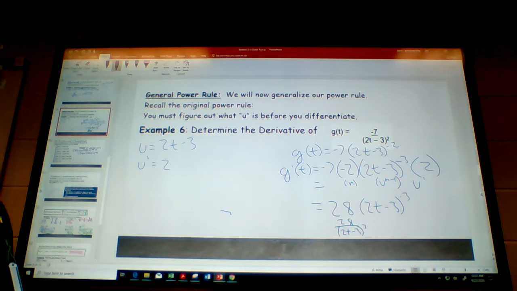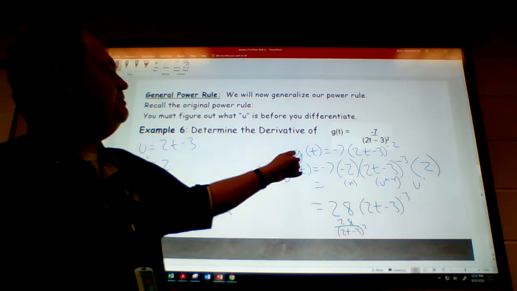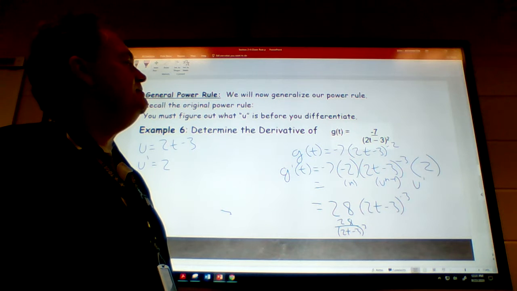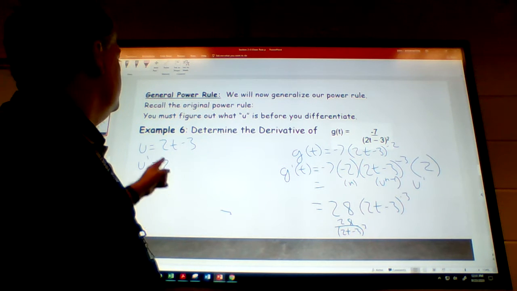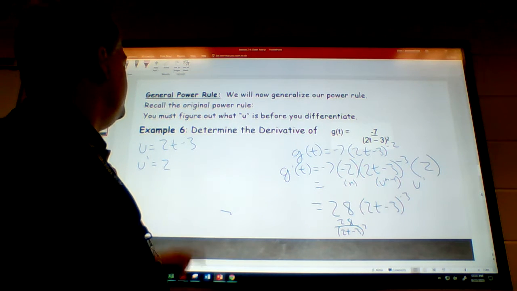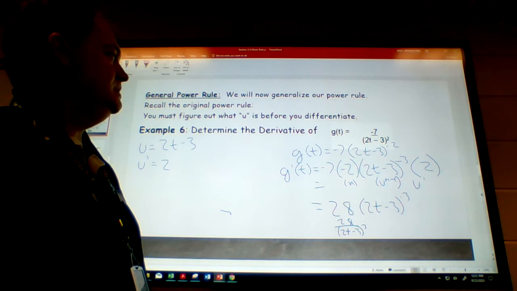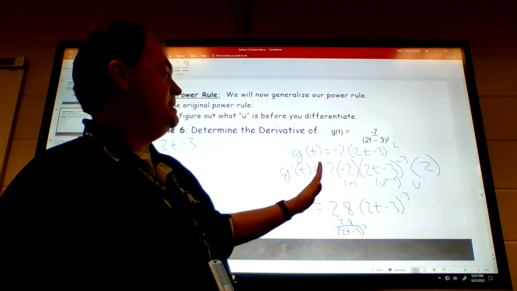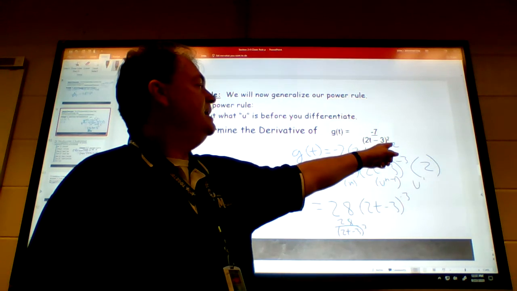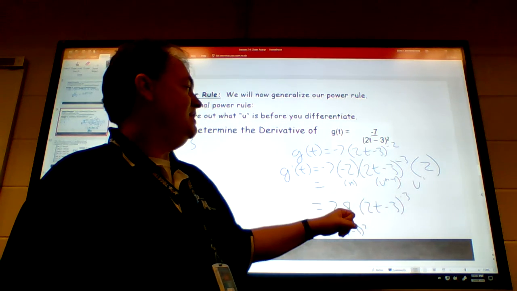Now, we get more general. We can take and we get g of t equals negative 7 times 2t minus 3 to the negative second power. That's all we did was rewrote it. So u is 2t minus 3, and u prime is just simply 2. So we differentiate this part, and we get negative 7, which stays the same. Negative 2, which goes in front, that's our n value.